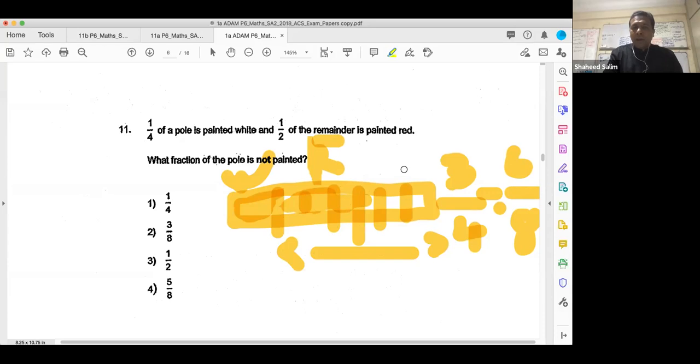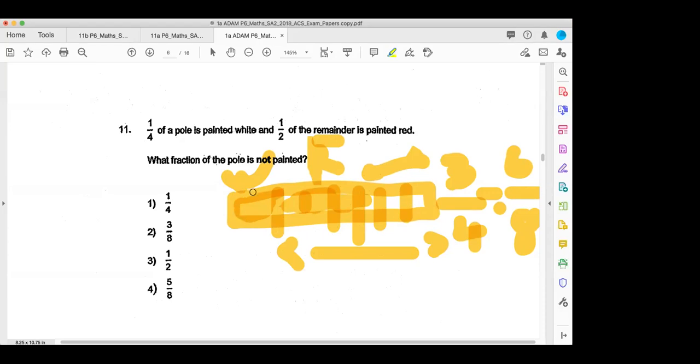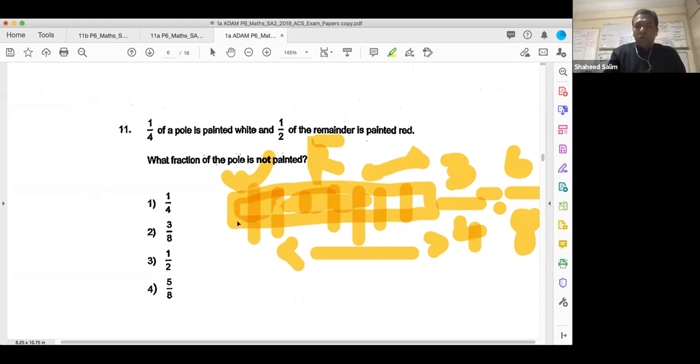So the balance down here is 3 units. 1, 2, 3. 3 out of how many? You must divide it by 2. So your four quarters is divided by 2, so become 8 quarters. So the balance is 3 out of 8. 5 out of 8 is painted. They ask you for not painted. Yours is painted.